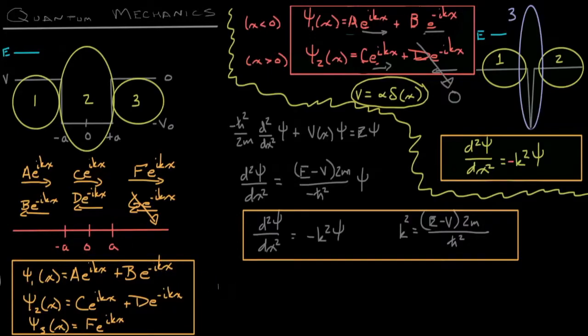Those boundary conditions being psi 1 at negative a equals psi 2 at negative a. In addition, psi 1 prime at negative a equals psi 2 prime at negative a. And you could do the same for positive a.